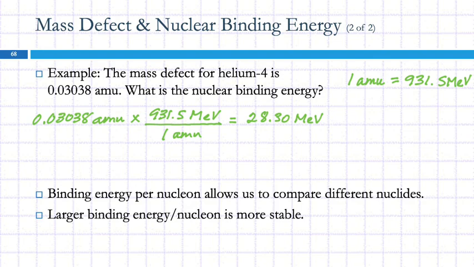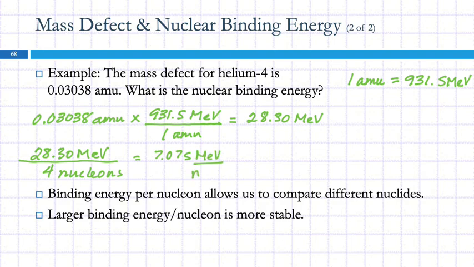So we could calculate that for this nuclide, 28.30 mega electron volts. And how many nucleons does helium-4 have? 4. 4 is the mass number. 28.30 divided by 4 nucleons, we get 7.075 MeV per nucleon.